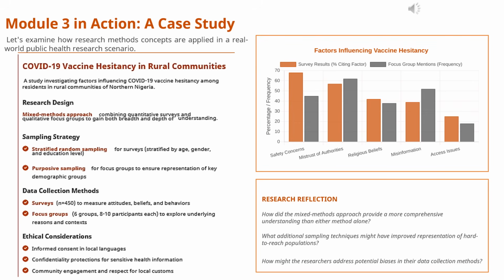Then the data collection method may involve a survey, and based on the sampling determination, our n could be 450 based on the prevalence as calculated earlier. Then to measure attitude, belief, and behavior, the focus group data collection may involve 6 groups of 8 to 10 participants each, to explore underlying reasons and context.